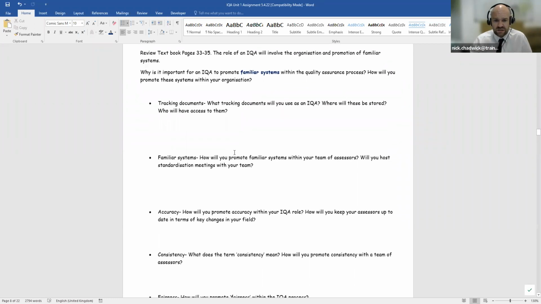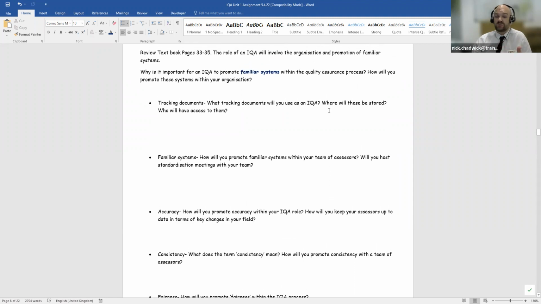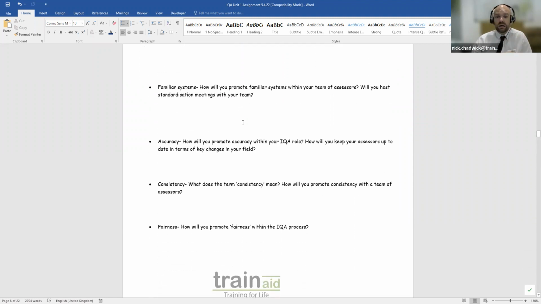So for this section, we would like for you to explain what tracking systems or documents you will use as an IQA. Where will these be stored? Who will have access to them? Familiar systems as well. As I just mentioned, how will you promote familiar systems with your team of assessors?